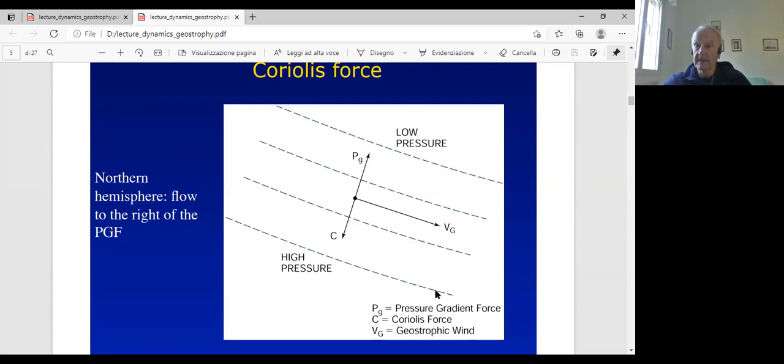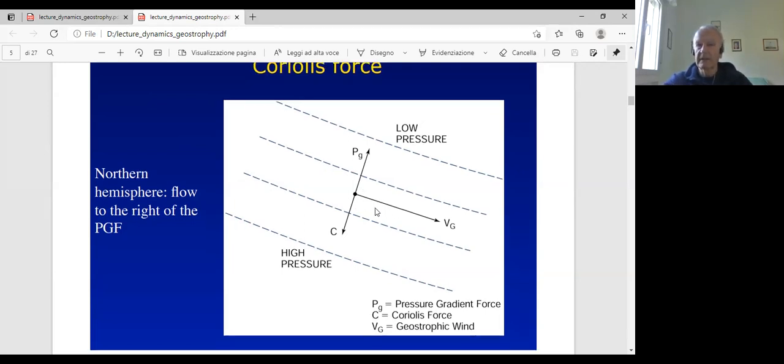This is the geostrophic velocity in the northern hemisphere. You always have to remember that in the southern hemisphere, the Coriolis force is to the left of the pressure gradient force.